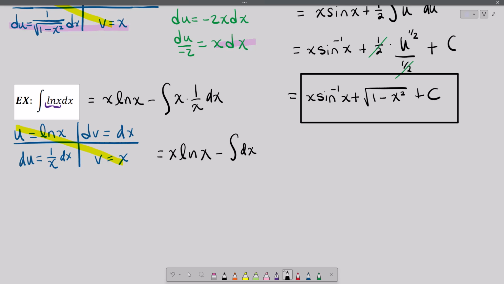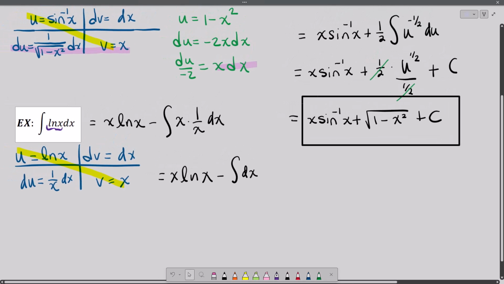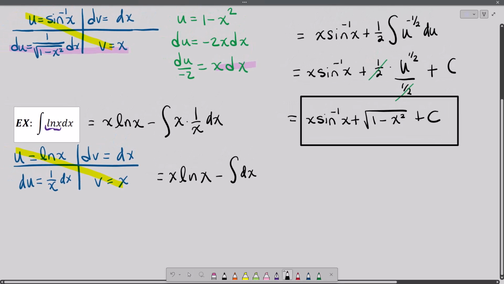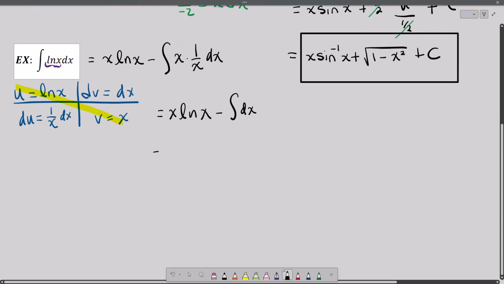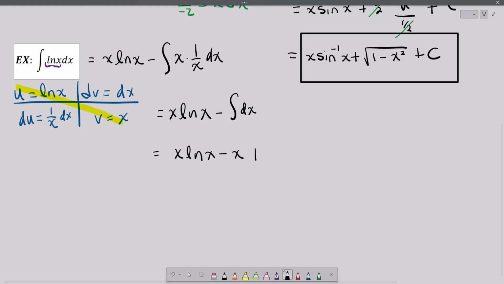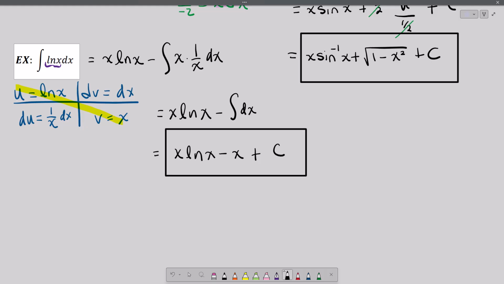And what's the integral of dx? x. So this is our antiderivative, plus c. So that function, if you differentiate it, you will get natural log of x. x ln x minus x.